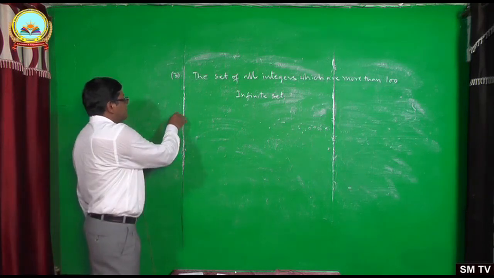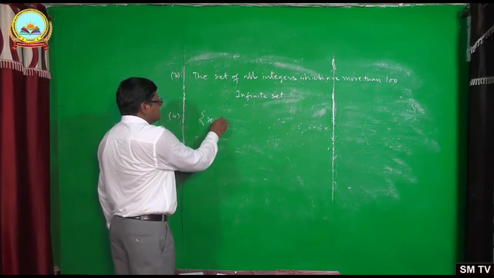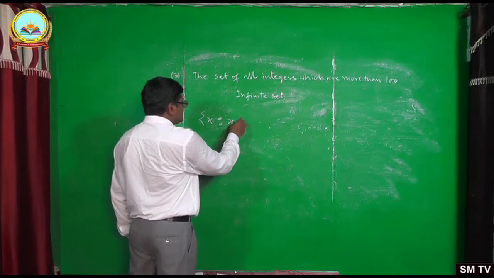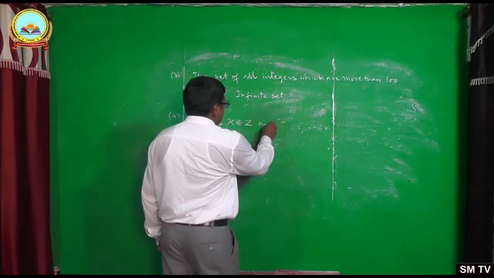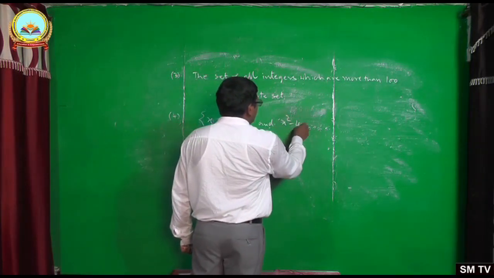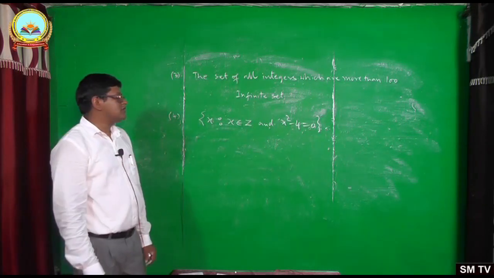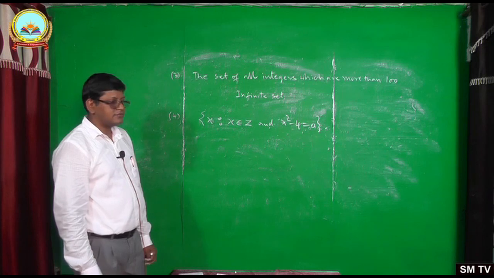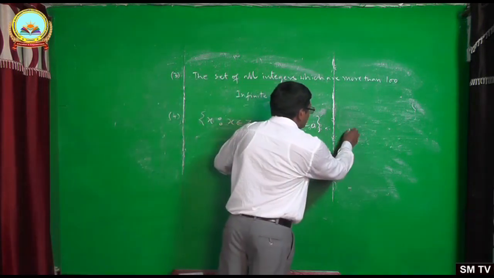We shall take one more example. Set of all x such that x is an integer and x squared minus 4 is equal to 0. Is this finite or infinite? Now we shall solve this quadratic equation.